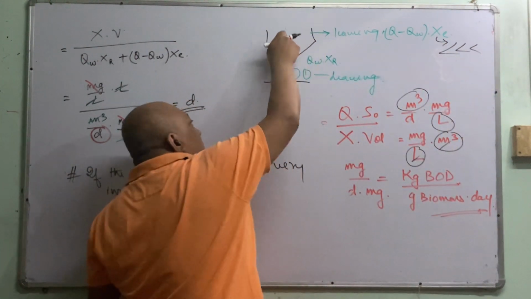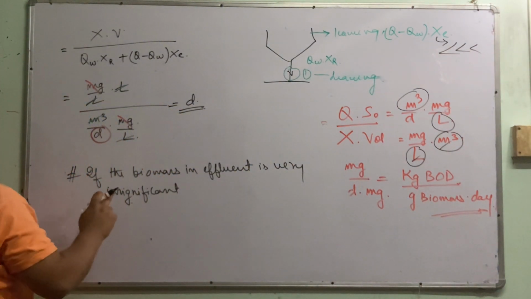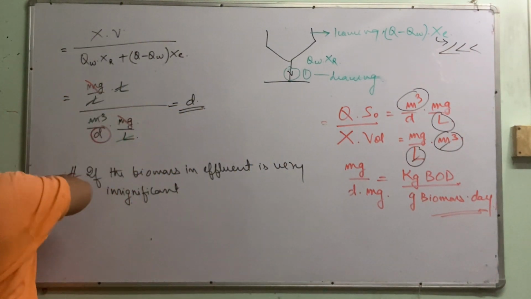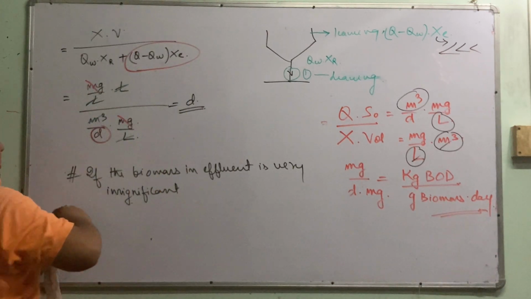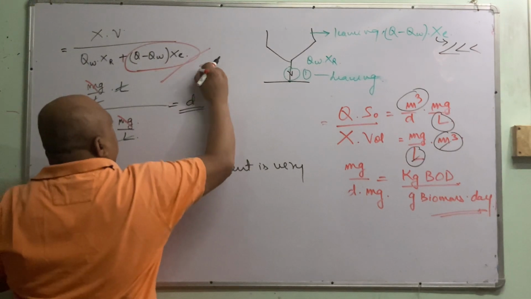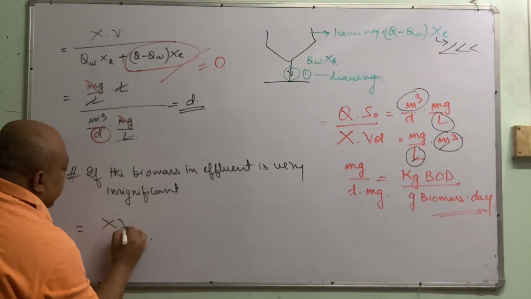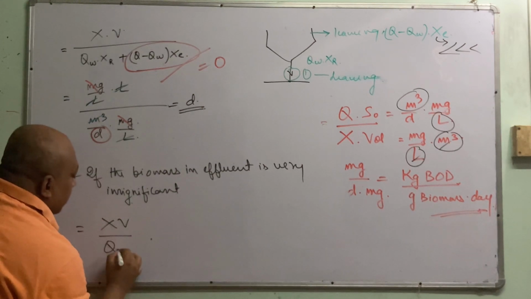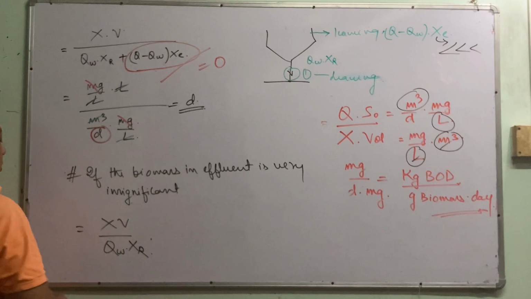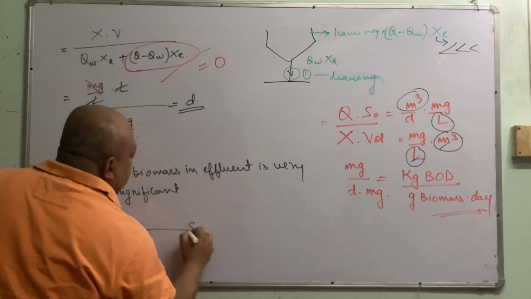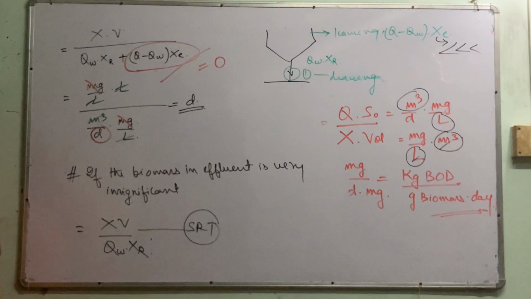We try to remove it completely at the bottom. In case this is very small, then this part can be made almost zero, neglected, and hence it becomes XB divided by QW into XR. So this can also be one of the SRT equations, considering that this is zero, okay?